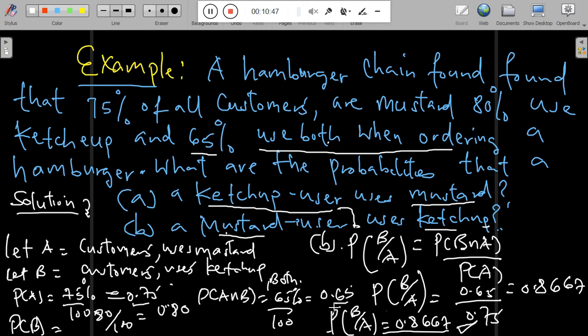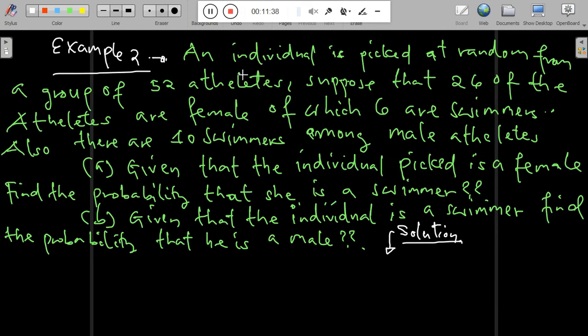When you divide, you obtain 0.86665. So we take P(A ∩ B) over P(A), where P(A) is 0.75, and it is a matter of only dividing.